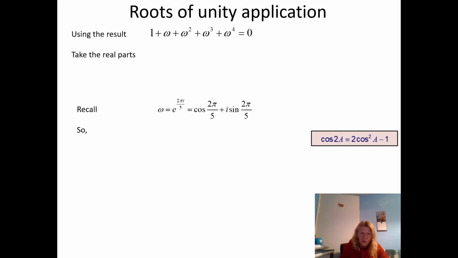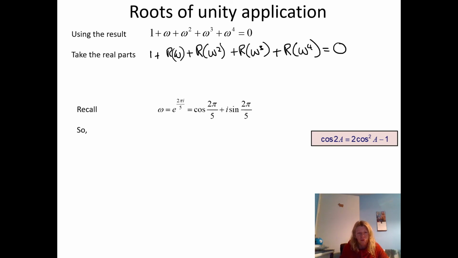So 1 is the real part of that. So 1 plus the real part of omega, plus the real part of omega squared, plus the real part of omega cubed, plus the real part of omega to the power 4 equals 0. The imaginary bits would be exactly the same. They would equal 0.